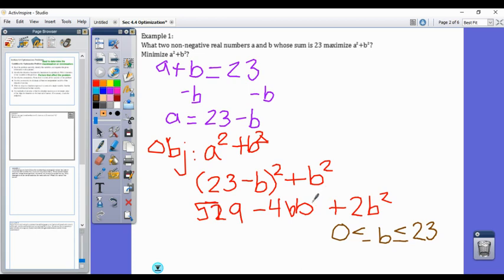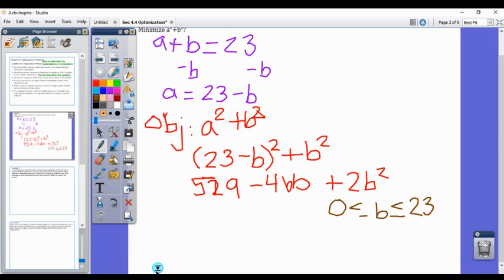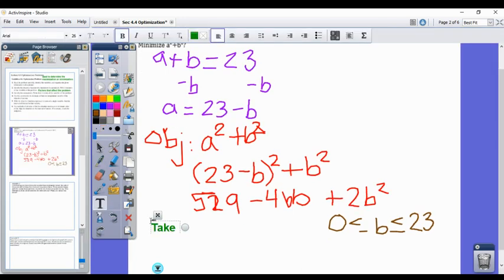Okay, so then what we're going to do is take the derivative of the objective function to find the critical points. Let me write that down with a text. Take derivative of objective function to find critical points.